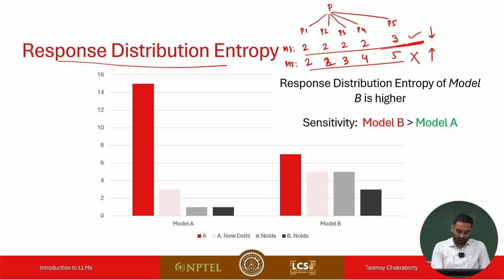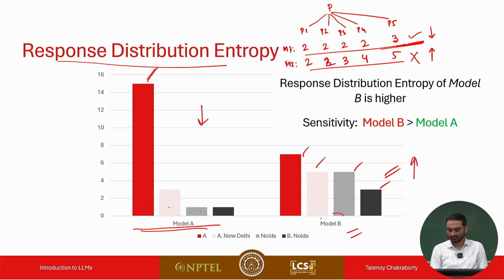You see here, the model produces 4 different responses, but one response has been produced multiple times, whereas the other 3 have not been produced that many times. Whereas for B, things are all the same. So this entropy is high, this entropy is low, and this one is more sensitive, this one is less sensitive.